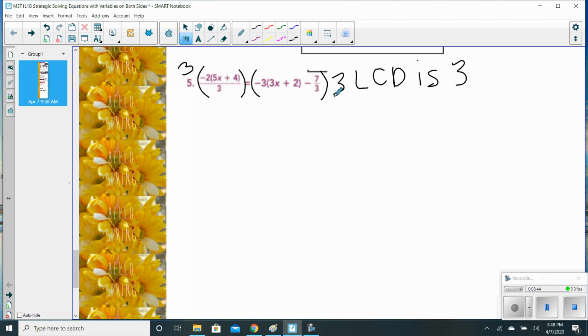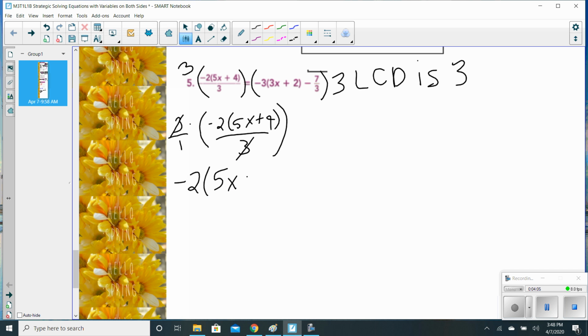So when I do that, I actually have something that looks like 3 times, and then in the parentheses, negative 2, and then 5x plus 4 in parentheses, over 3. Remember, 3 is just 3 over 1. So these 2 3's actually cancel, and you're just left with negative 2, and then in parentheses, 5x plus 4.